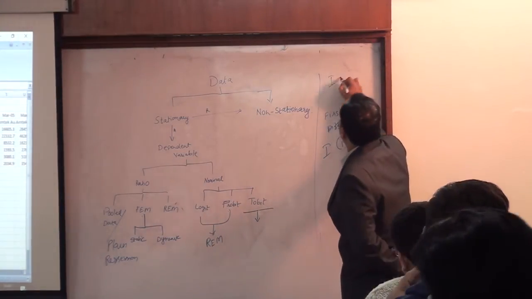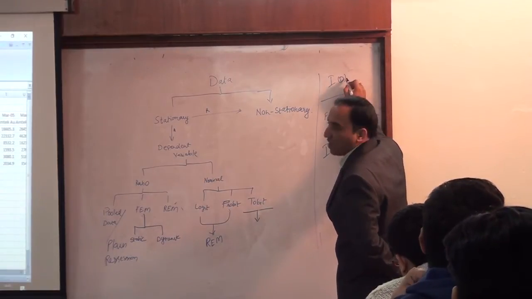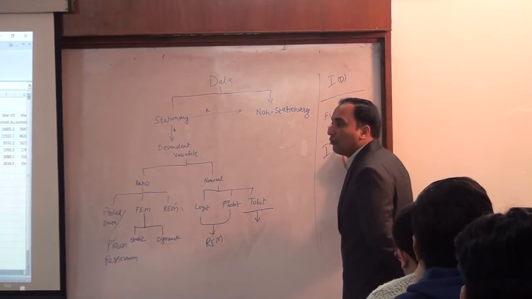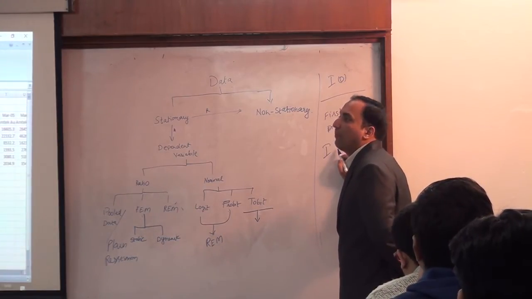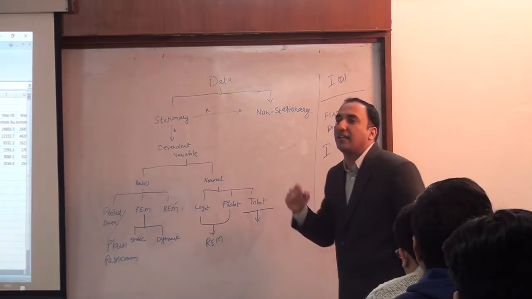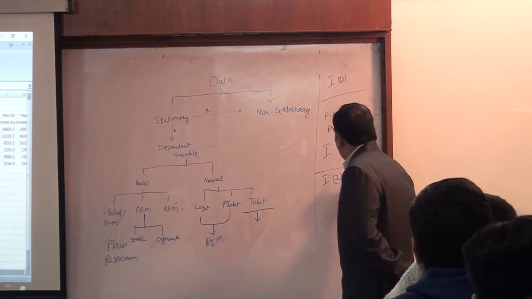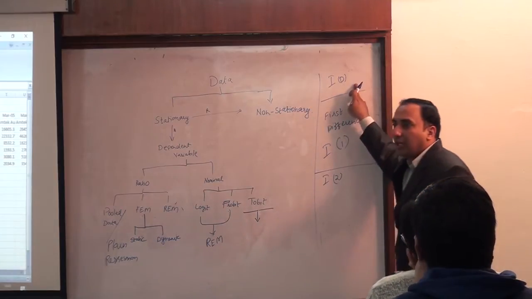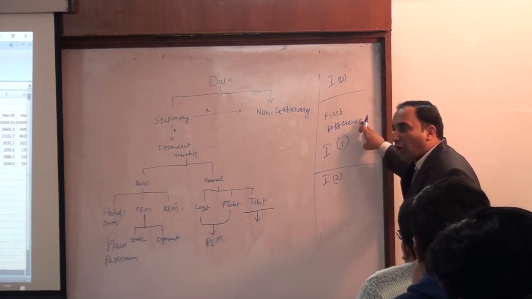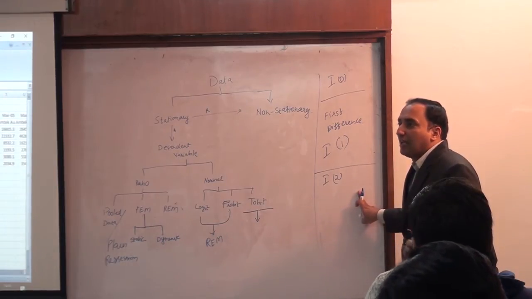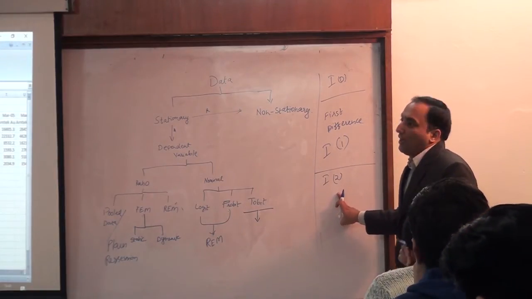I0 means a process which is stationary in its base form. I1 means a process which is not stationary but becomes stationary if we difference it once. Similarly, I2 means a process which is not stationary in its base form, and not stationary when differenced once, but becomes stationary when differenced twice.